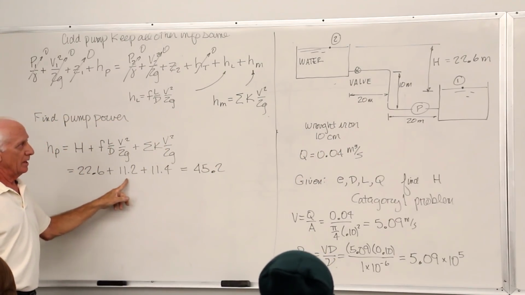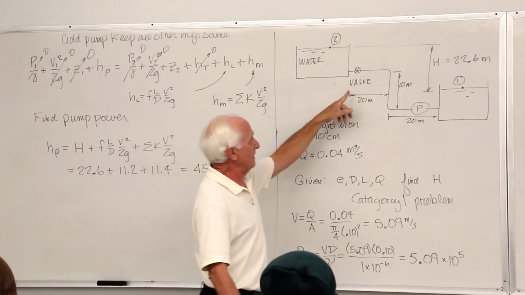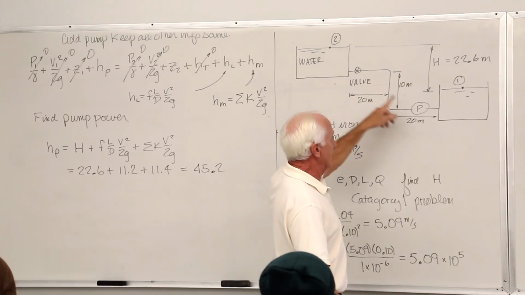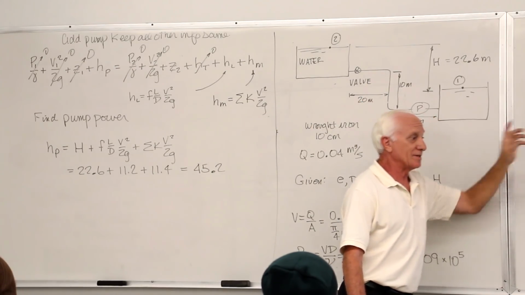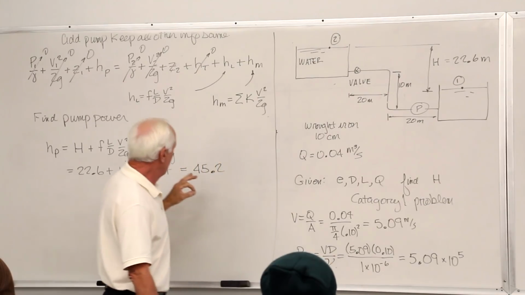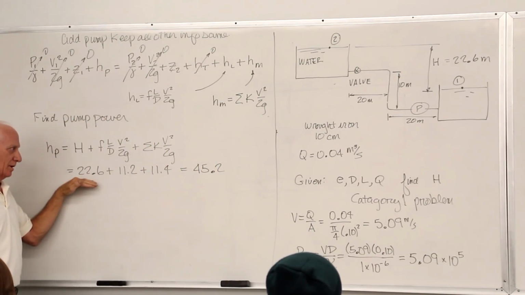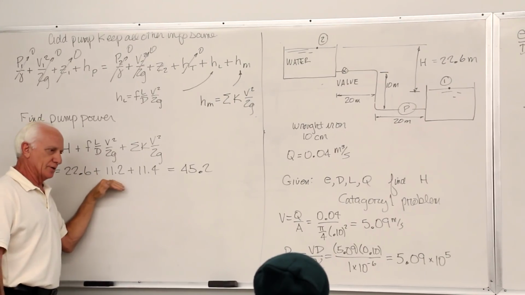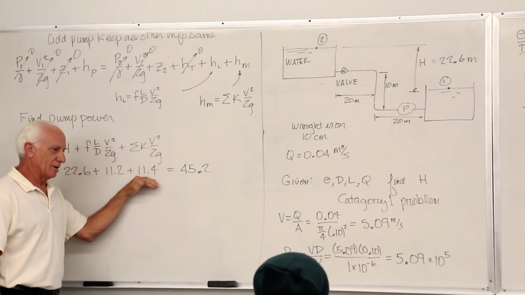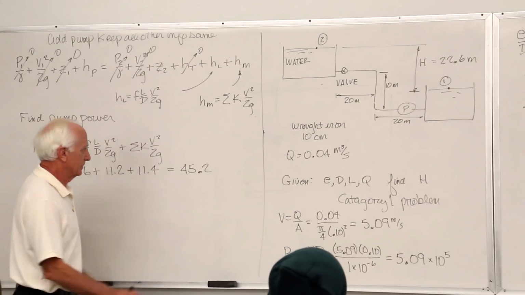There it is. Oh, and by the way, there's a valve, 2 elbows, and an entrance and an exit. It has to overcome that loss. That's a loss of energy. So the power the pump needs must raise the water level, it must overcome friction, and it must overcome minor losses. That's what it means.